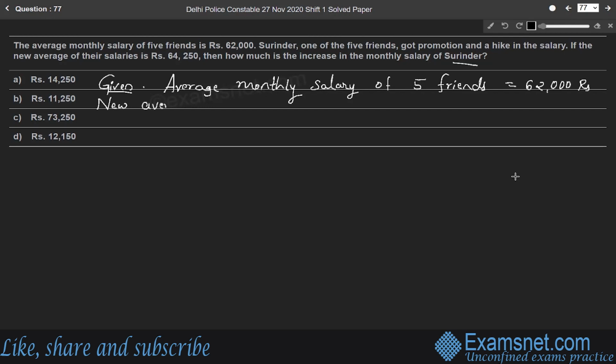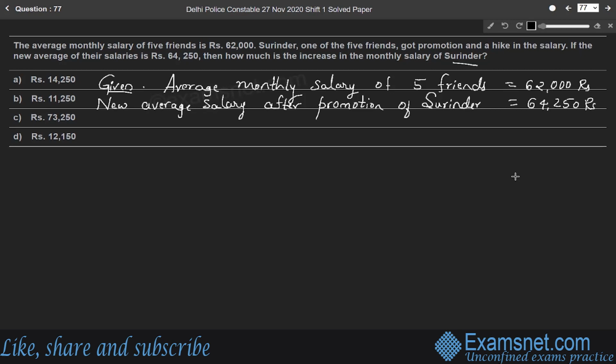The new average salary after the promotion of Surinder is equal to 64,250 rupees. Right?